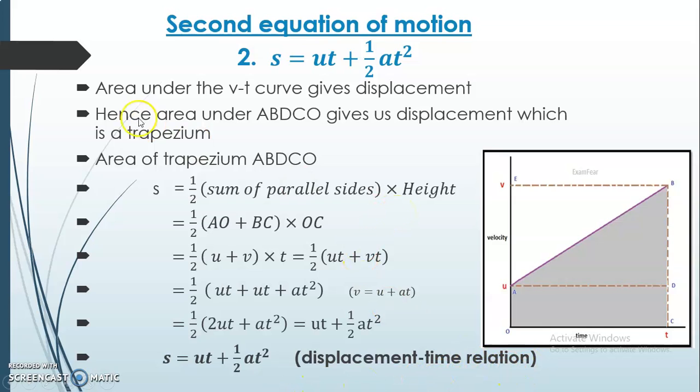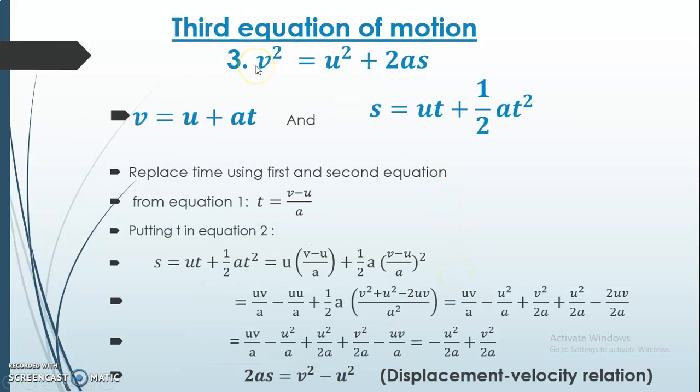Understood? So let's start with the third equation of motion. When you have already studied the first equation, v is equal to u plus at, and s is equal to ut plus half at square, we can go ahead with the third equation of motion, which is v square is equal to u square plus 2as, where v is final velocity, u is initial velocity, a is acceleration, and s is displacement.